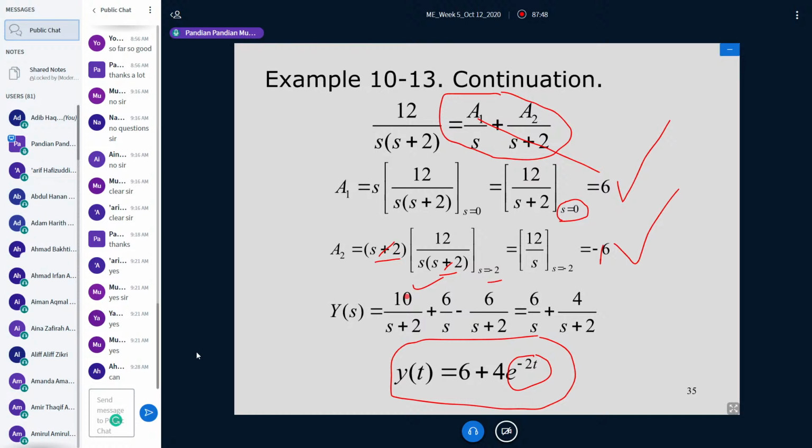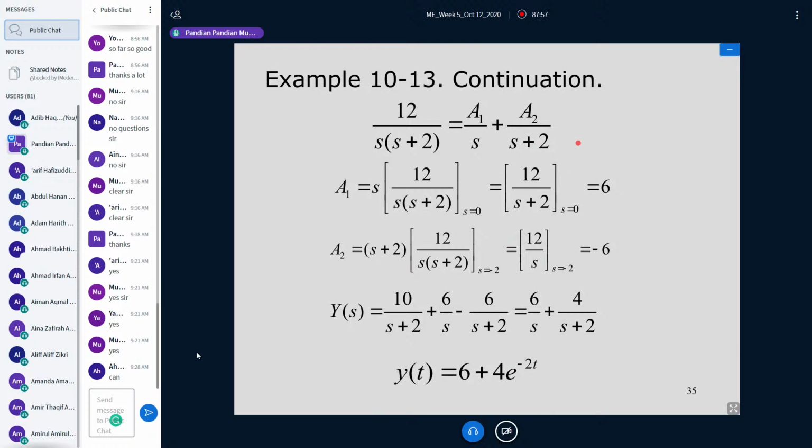But they are not going to repeat this method again. So this method of how to find A1, A2 is one example only. Later on, you have to do it on your own. That's why sometimes they straight away write A1 is 6, A2 is minus 6.